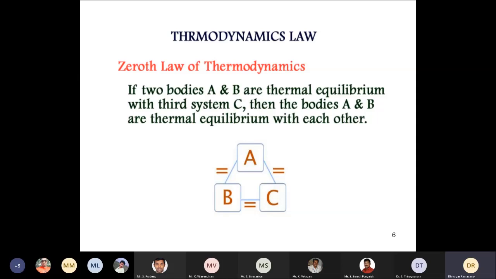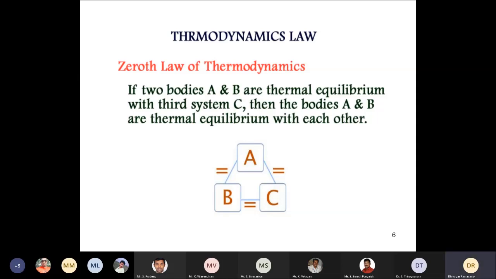What the zeroth law of thermodynamics says is that if bodies A and B are in contact with each other and in thermal equilibrium, and these two bodies are connected to a C body, then the C body will also be in thermal equilibrium.